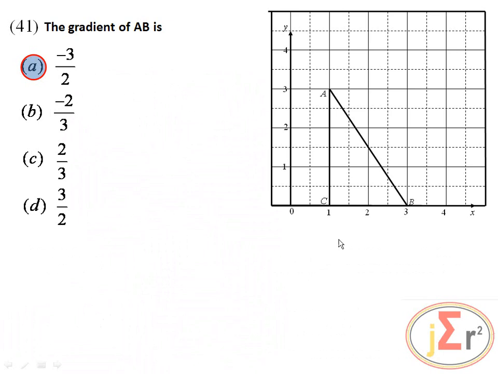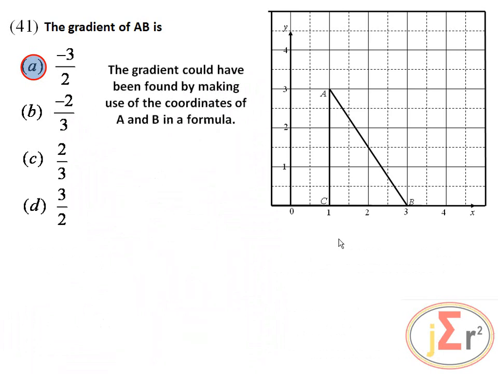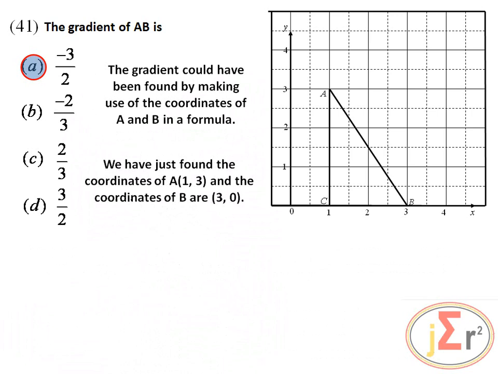We may find the gradient again. The gradient could have been found by making use of the coordinates of A and B in a formula. We have just found the coordinates of A, which is of course 1, 3, and the coordinates of B are 3, 0. Take the formula for the gradient.